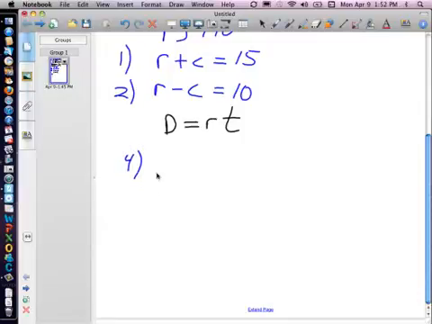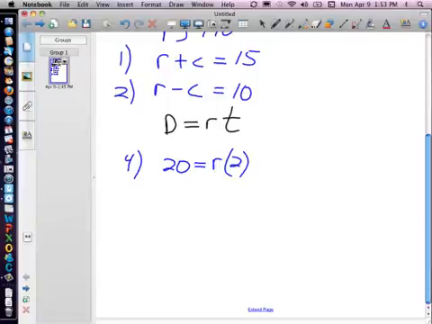The distance is given as 20 kilometers, so we write 20. The rate is not given, so we don't know the rate. And the time is 2 hours. So R times 2. So 20 equals R times 2.